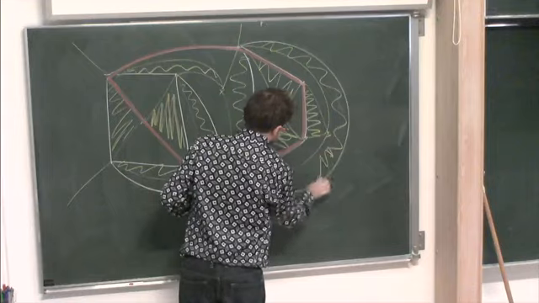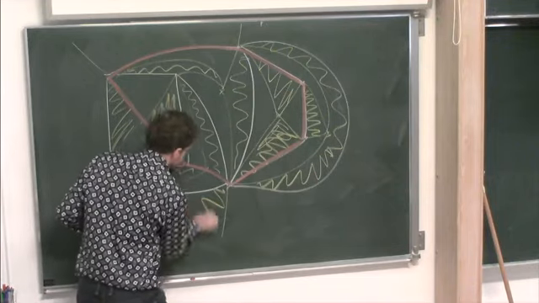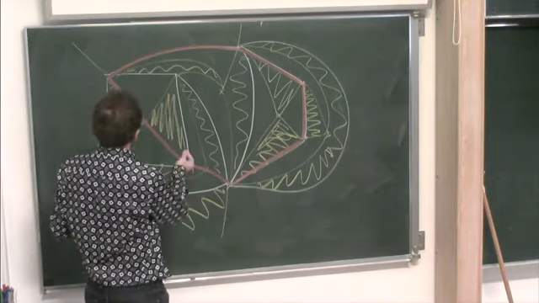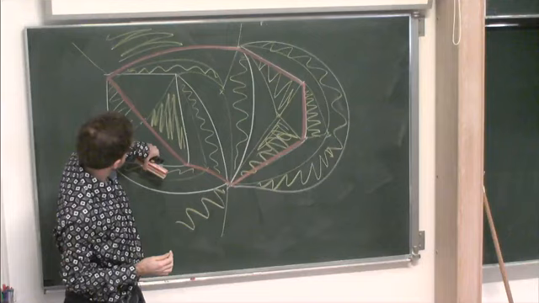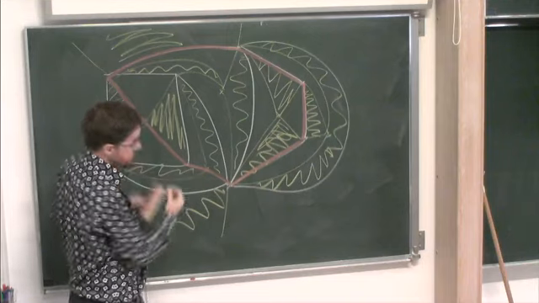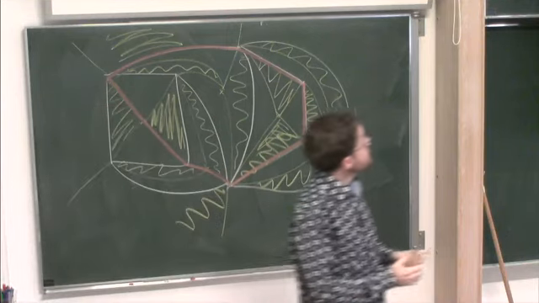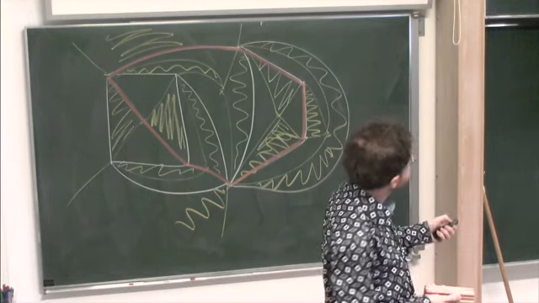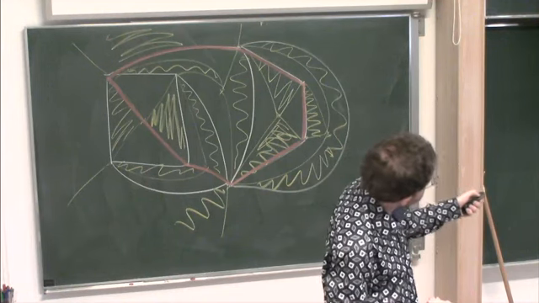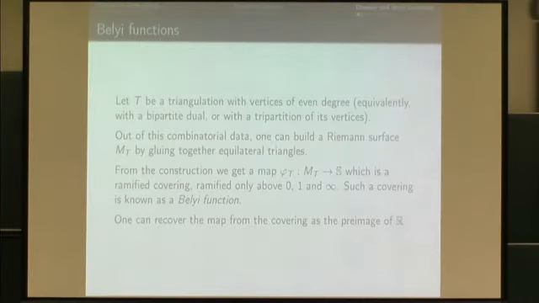So there are yellow triangles and blackboard-colored triangles, and they are arranged in this pattern. This has an equivalent statement, which is that you can split the vertices of this triangulation into three classes.